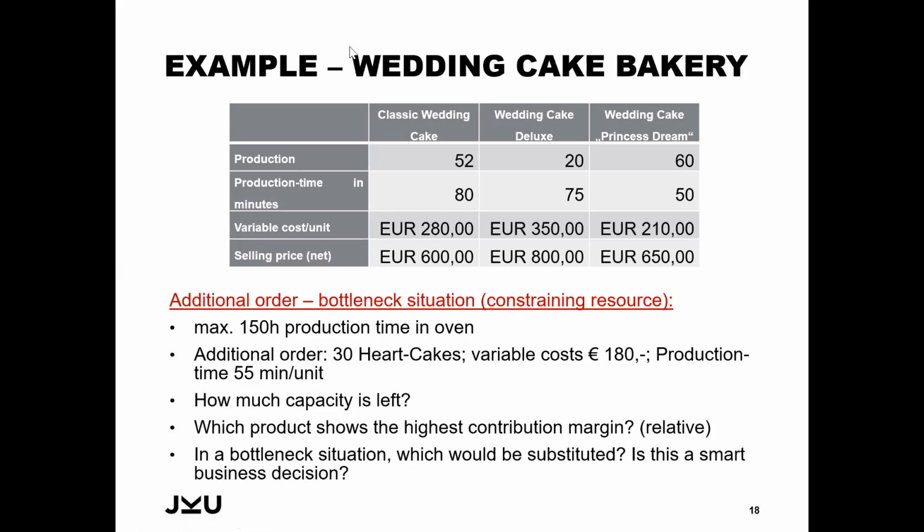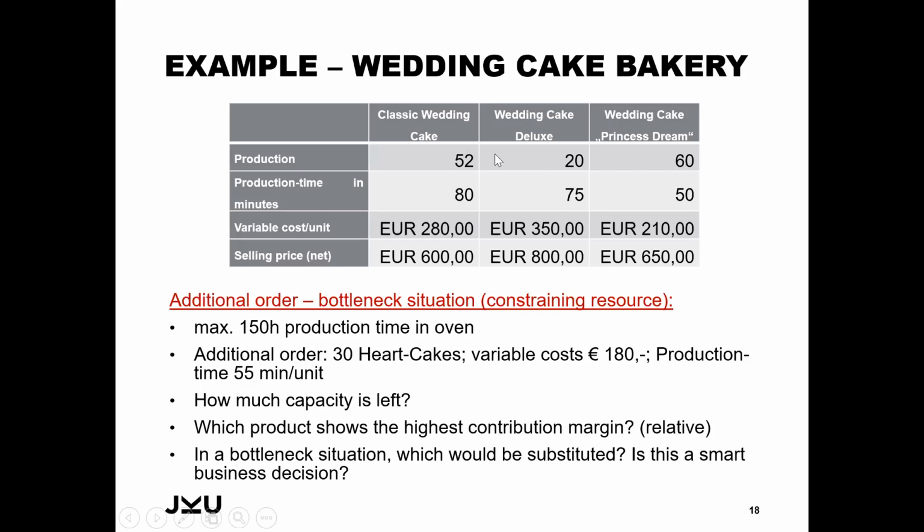So how can we do that? We know that we don't have enough time, which means we know that 1,310 minutes are missing. We need to skip one of the production cakes, namely by at least 1,310 minutes, in order for us to be able to produce the 30 heart cakes.